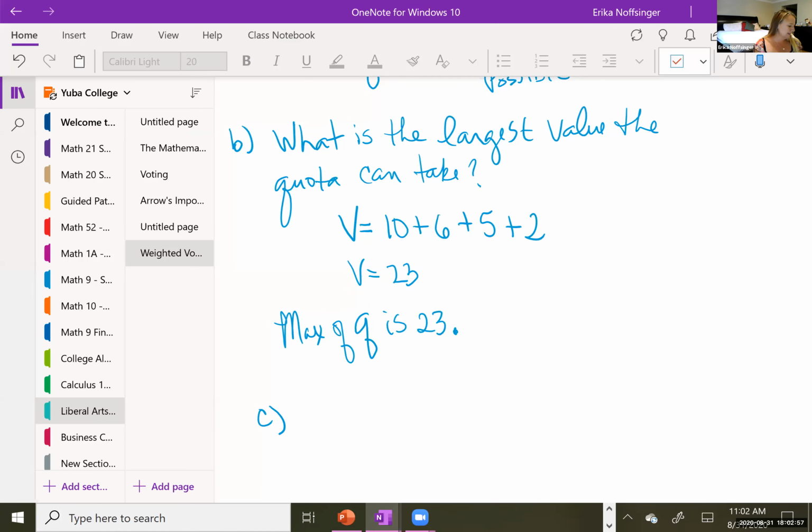So jump into C. What is the value of the quota if at least 2/3 of the votes are required to pass the motion?